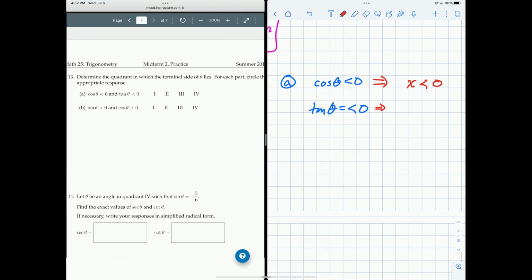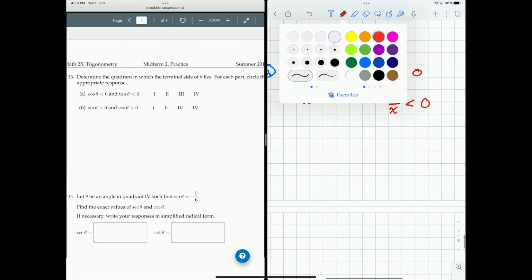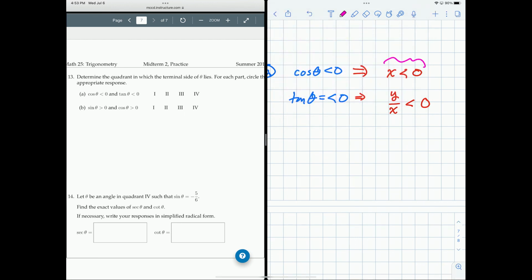Now, tangent less than 0 means that y divided by x, because that's tangent, is also less than 0. We know the x is negative, but if overall y divided by x is negative, then the top must be positive.